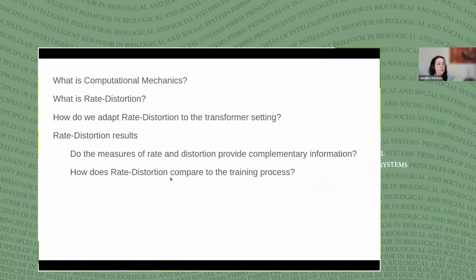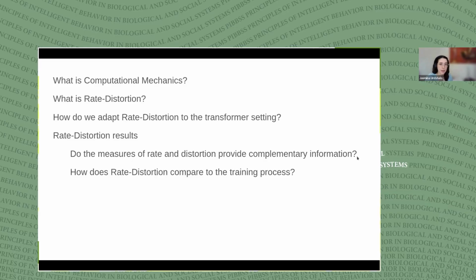Specifically, a quantitative measure we could look at would be to compare the number of transitions that are predicted by rate distortion theoretically to what we would actually observe in the training process, and whether we can find some connection between the two. And secondly, whether our chosen measures of rate and distortion provide some complementary information, specifically complementary to more traditional measures, like, for example, the loss.